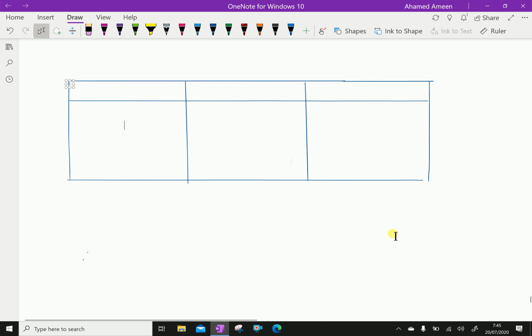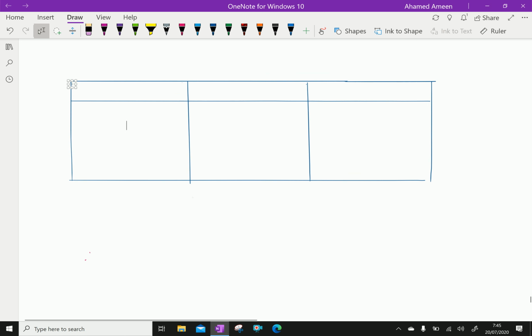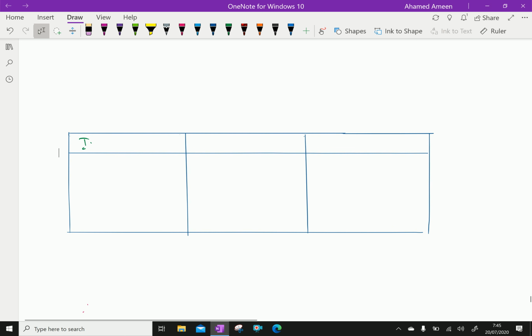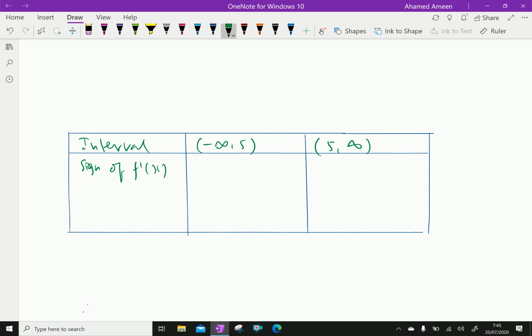Now look at this table, with the intervals minus infinity to 5 and 5 to positive infinity. Here we check the sign of f dash of x. In between minus infinity to 5, we take x equal to 0.